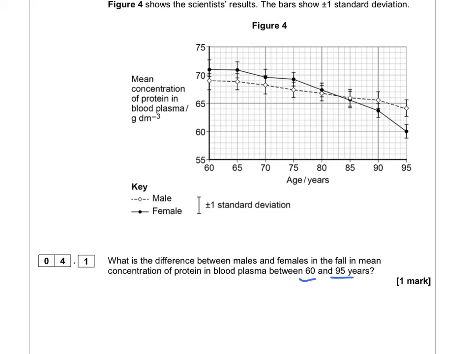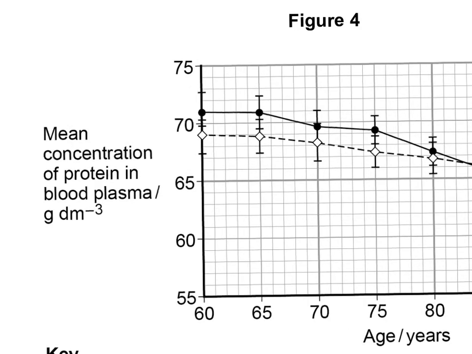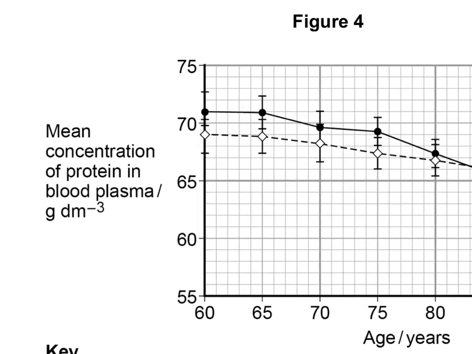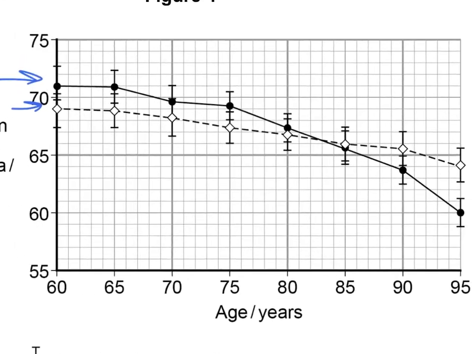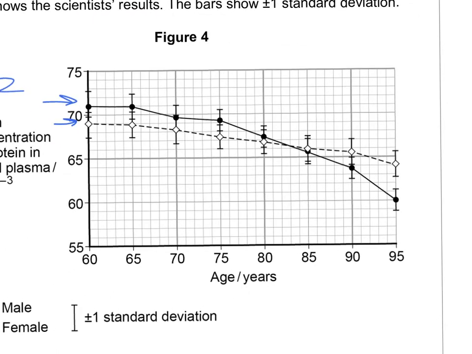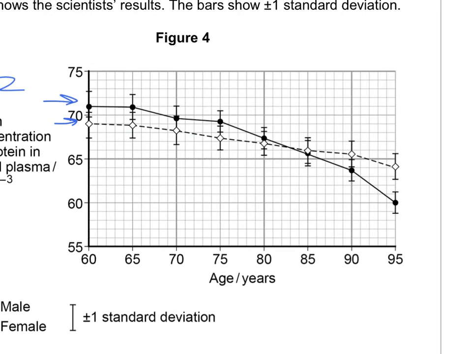So for age 60, you can see that that point there is 69, and that's 71, so that's 2. And then if we look over here at age 95, just reduce it so you can see the scales, you'll see that that is 60 and that one is 64, so that's 4.